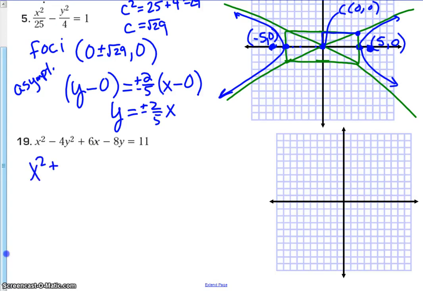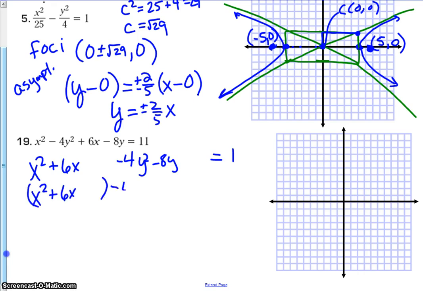First, I would put together my x's and my y's, and I have my constants on the right side. I have to factor out on my y's at least. I'm going to factor out a 4. Now I need to add to both sides. Here I'm going to add 9 to both sides, it's just 9 times 1.